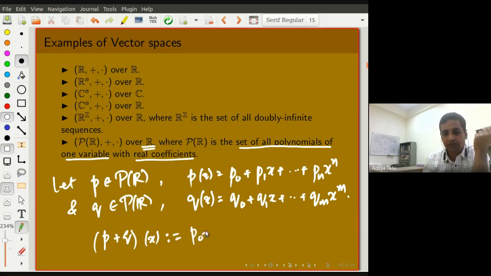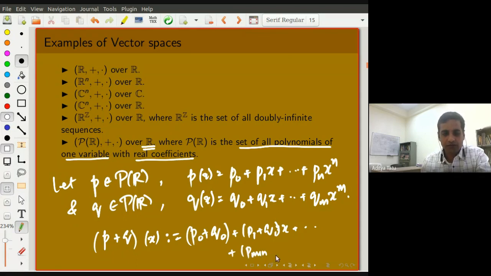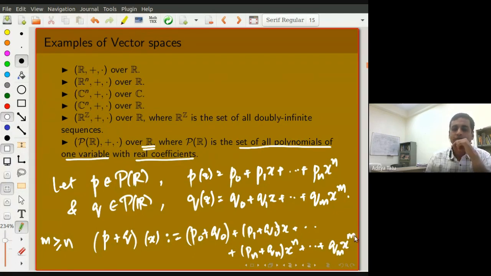Define it in this way: p0 plus q0, plus (p1 plus q1)x, and so on and so forth, assuming that m is greater than or equal to n, up to (pn plus qn)x^n, and so on, qm x^m.